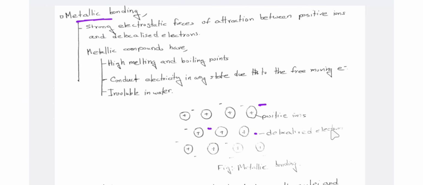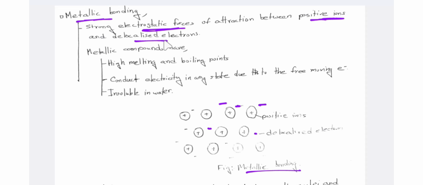Metallic bonding is the strong electrostatic forces of attraction between positive metal ions and delocalized electrons.